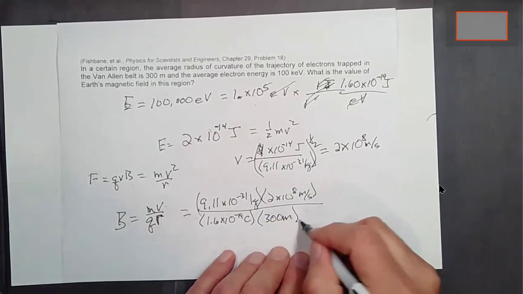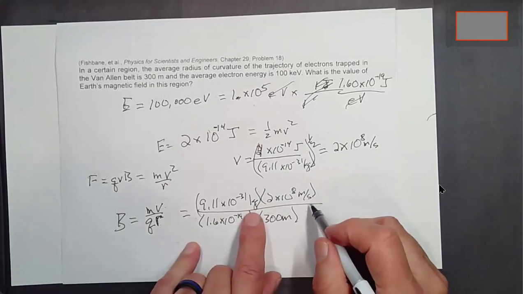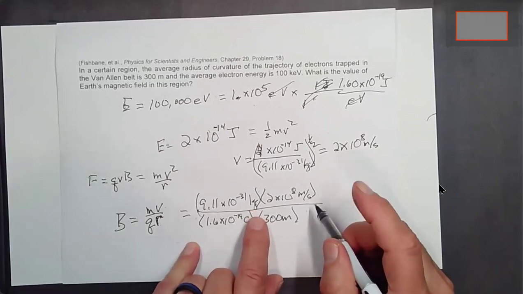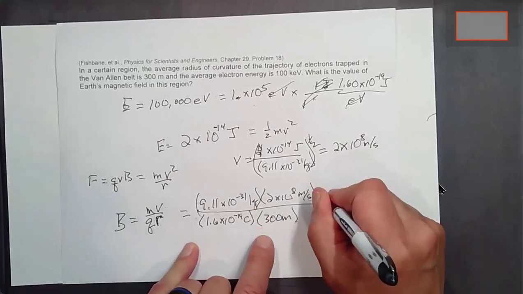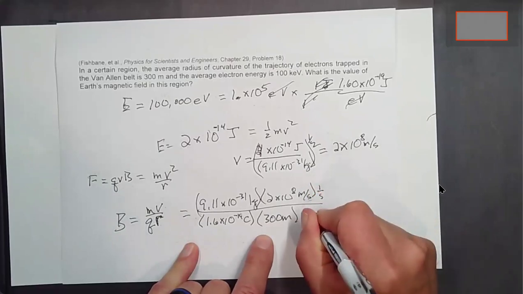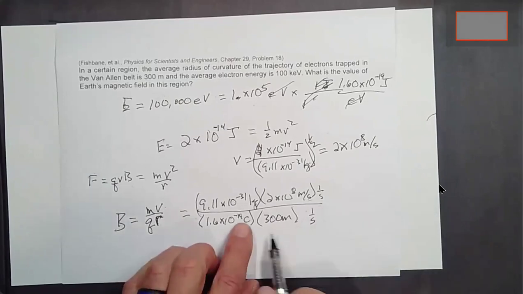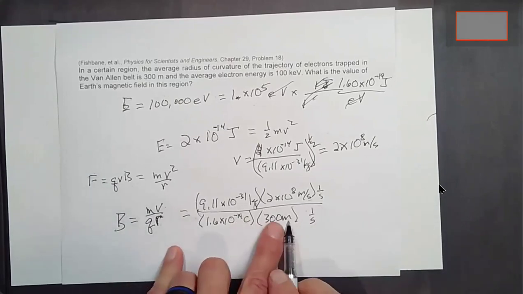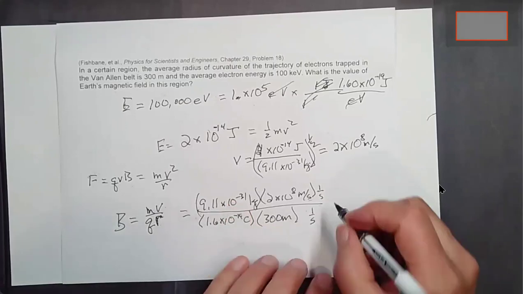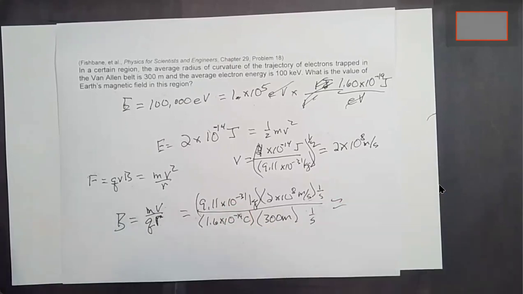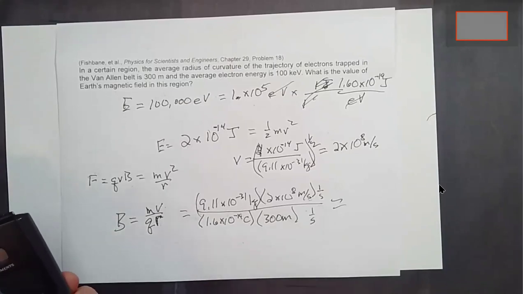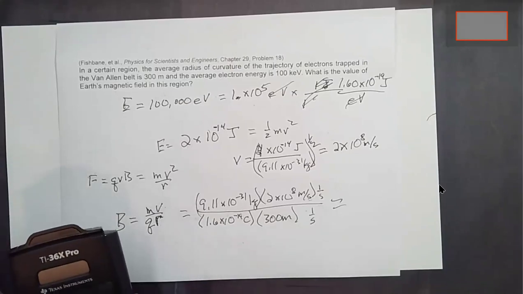Okay, now I need to turn this into a Newton on top, so I multiply top and bottom by 1/seconds, which is multiplying everything by 1, and then I'll have coulombs per second times a meter on the bottom, or an amp meter, and a Newton on top, and so I'll have Teslas for the strength of the Earth's magnetic field. So let's try it out.